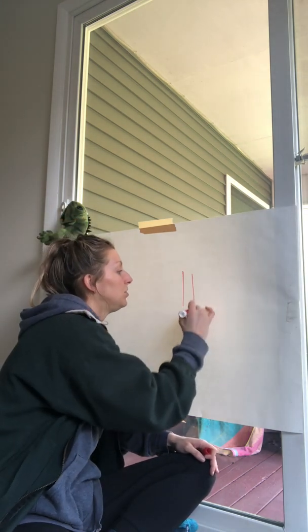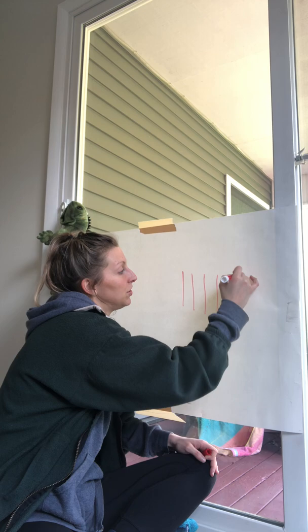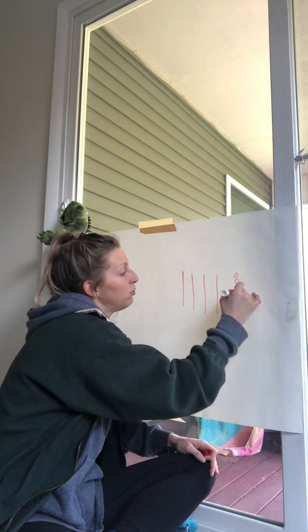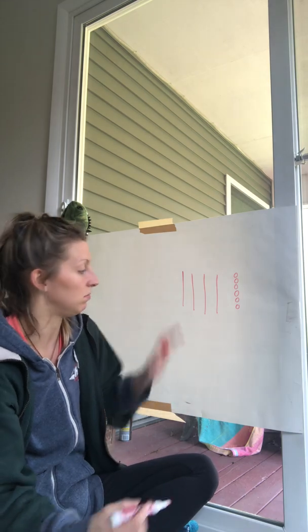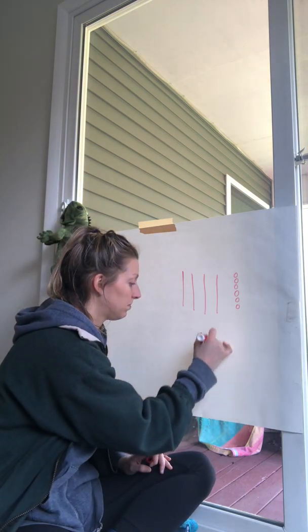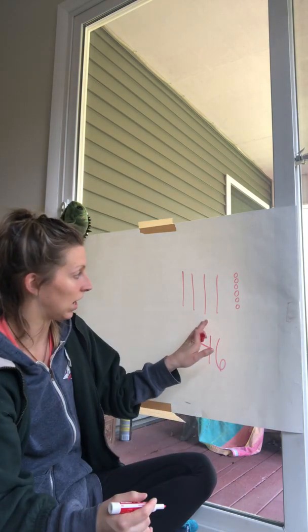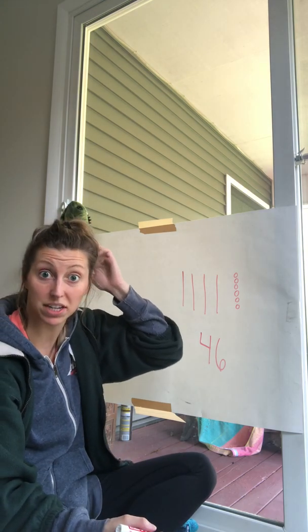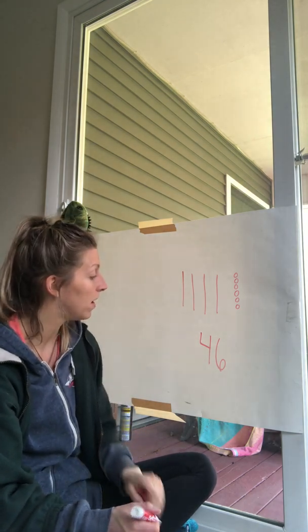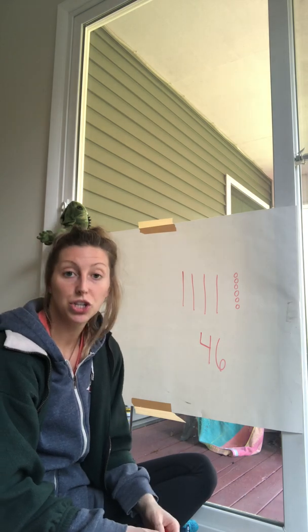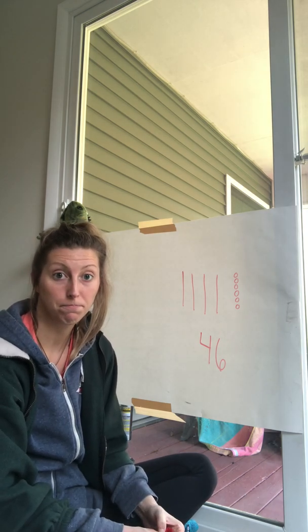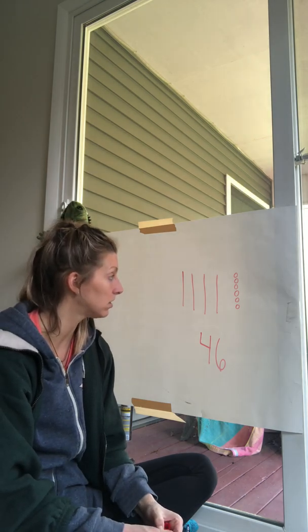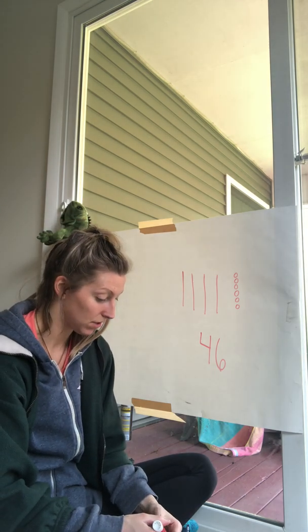I had 1, 2, 3, 4, and then let's do 1, 2, 3, 4, 5, 6 1s. So my answer is 46. Okay, and that's what my quick 10s and quick 1s represent. 46, the number 46. I want you to add 10. Go. Add 10 to 46. What do you have?